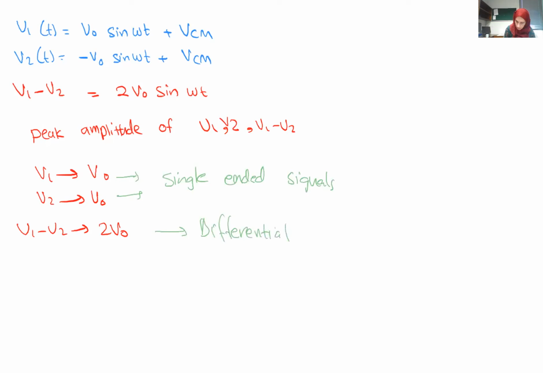Basically, it's the difference. The single-ended signals are with respect to zero, or to ground, sorry, while a differential signal depends on the difference between the two single-ended signals. It's not with respect to zero. Okay, any question on this?